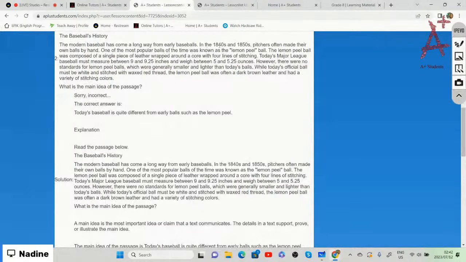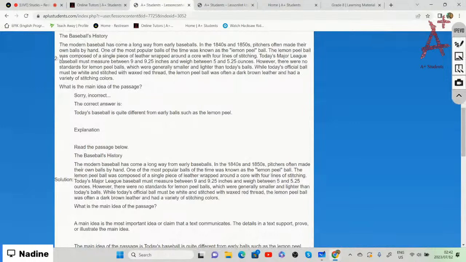In the 1840s and 1850s, pitchers often made their own balls by hand. One of the most popular balls of the time was known as the lemon peel ball. The lemon peel ball was composed of a single piece of leather wrapped around a core with 4 lines of stitching.